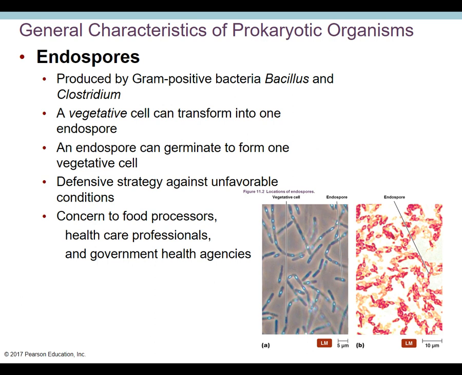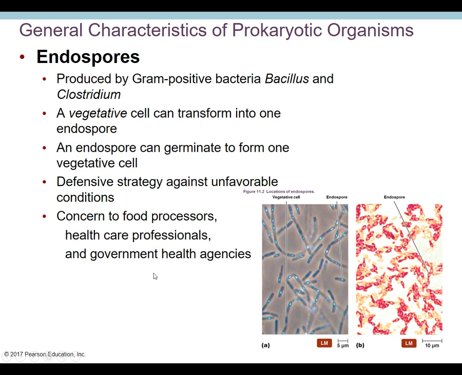So it's not a reproductive process, because one vegetative cell becomes one endospore. So you don't end up with two. It's just a state in which the cell can be protected against unfavorable conditions. The endospore can become a vegetative cell again later if the conditions are better.